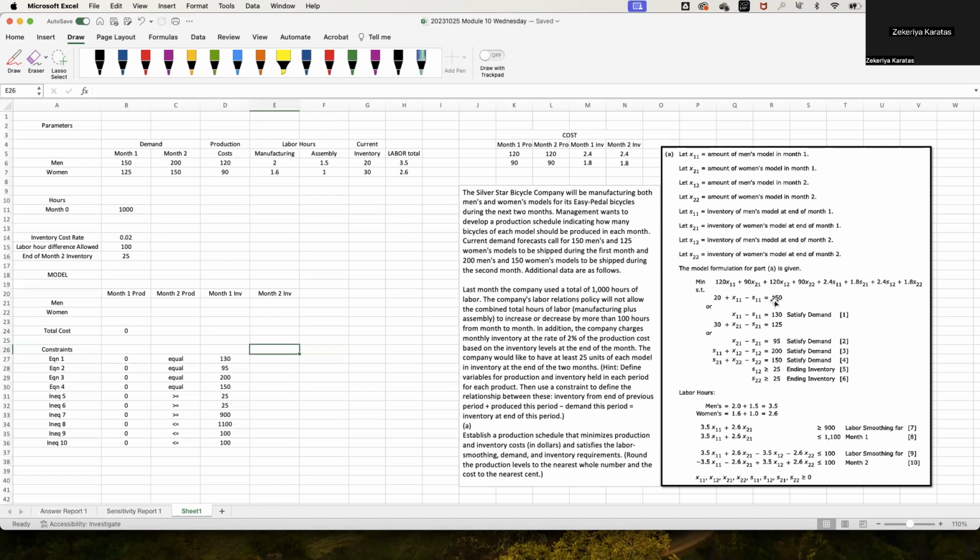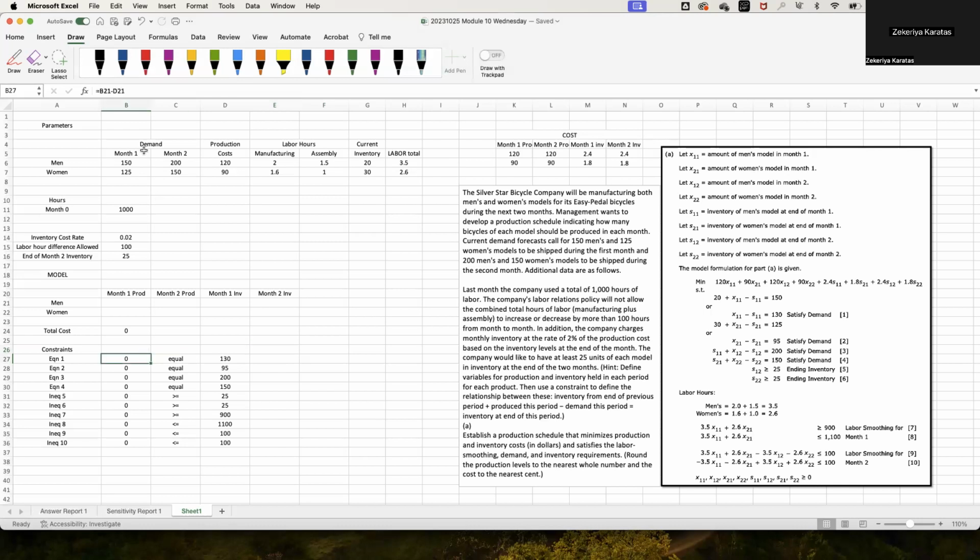So that gives me the demand. This S11 is the leftover. So I have 20 plus production minus the inventory at the end of first month for the men's bike, and then if I subtract 20 from both sides, I get this. So production in the first month minus the inventory in the first month has to be 130 for men.